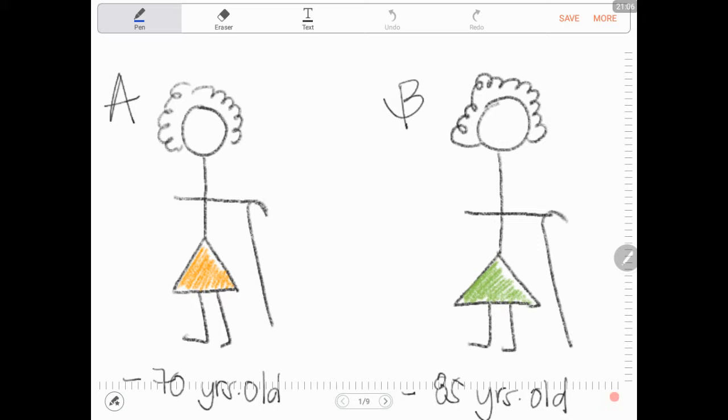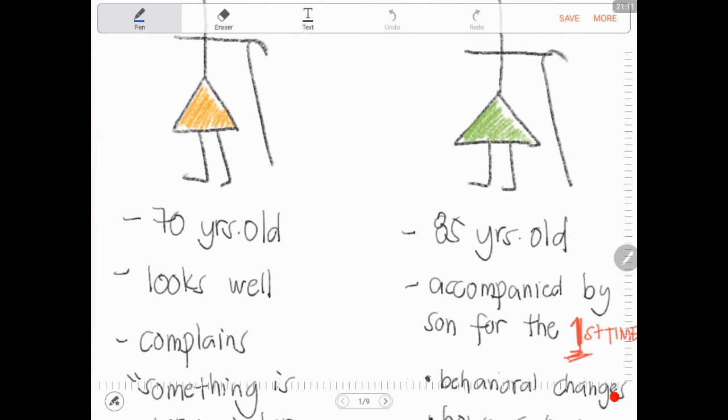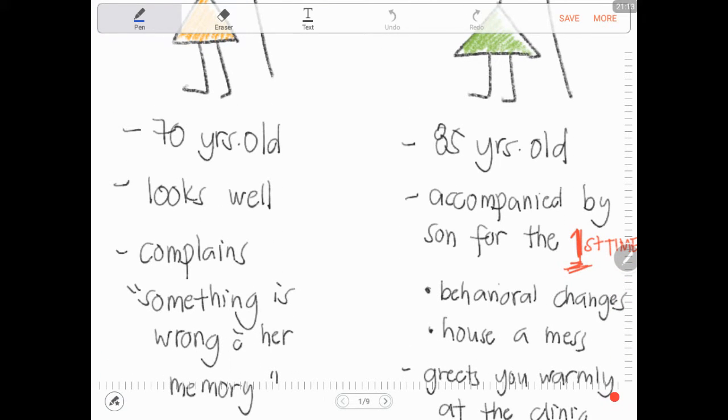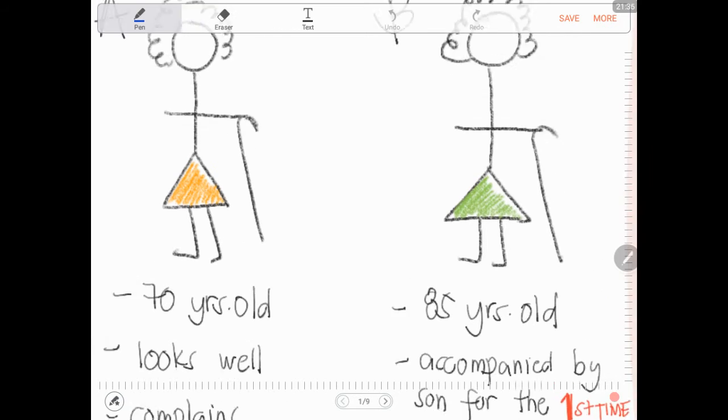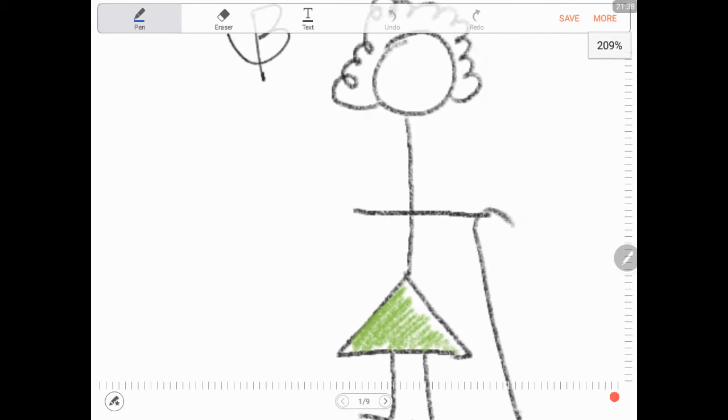She's well-groomed, conscious, oriented, came to your room, and yet she's complaining about something wrong that is going on in her memory. But other than that, okay lang siya. She doesn't look abnormal at all.